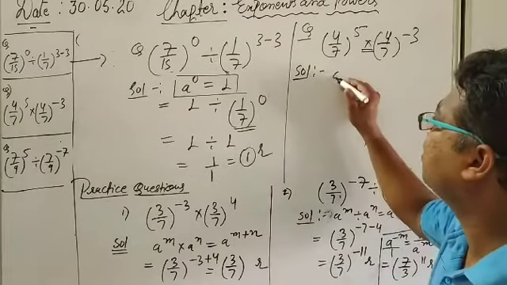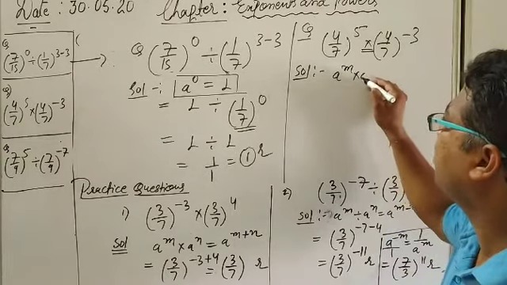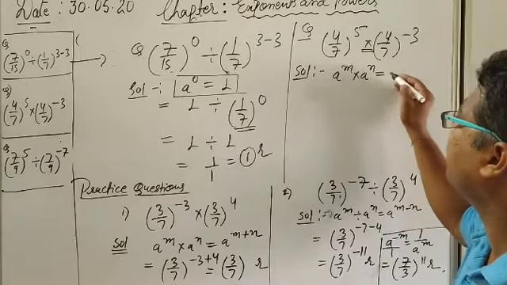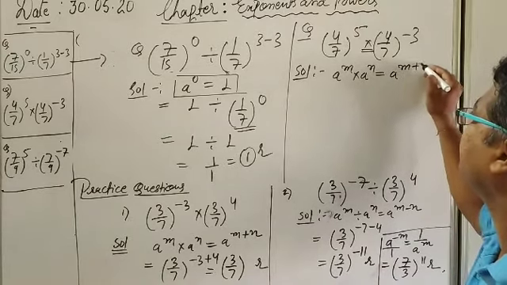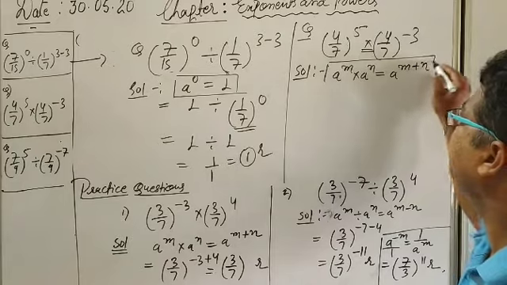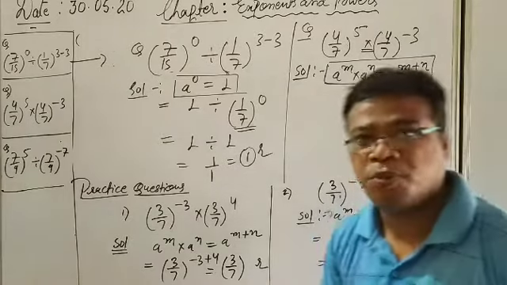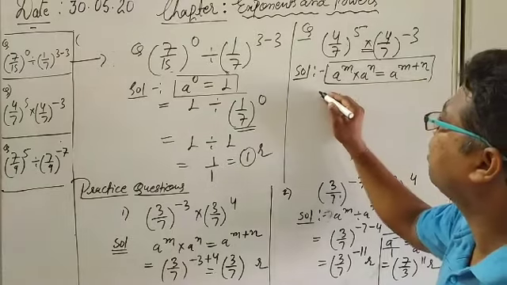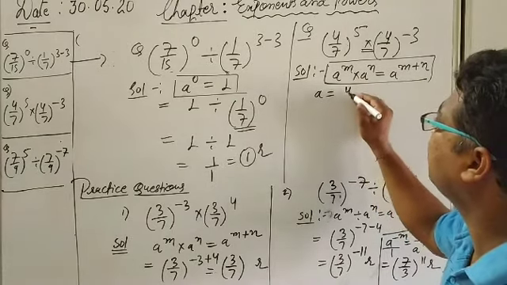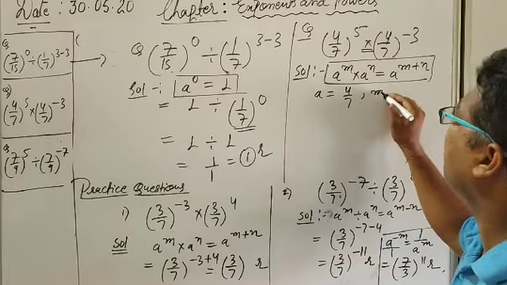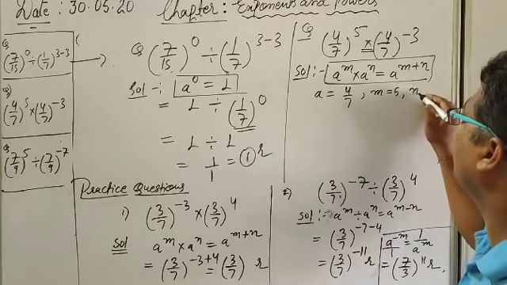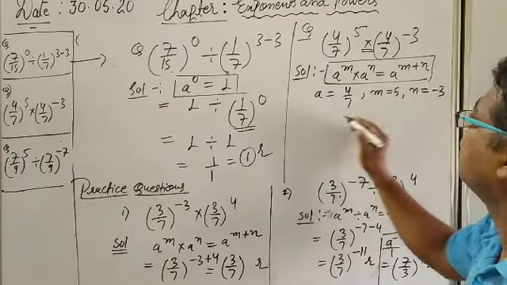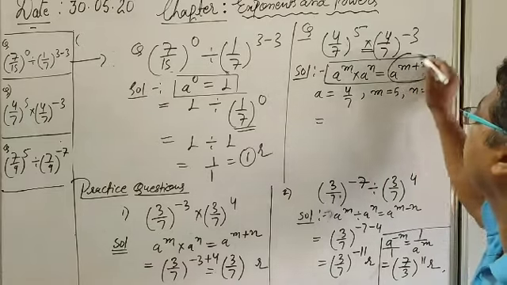So directly I have learned the formula: a to the power m into a to the power n directly gives me a to the power m plus n. And that is the multiplication formula of the exponent, wherever we have to add the exponents. So I can compare also. In place of a, what is there? 4 upon 7. In place of m, what is there? 5. In place of n, what is there? Minus 3.